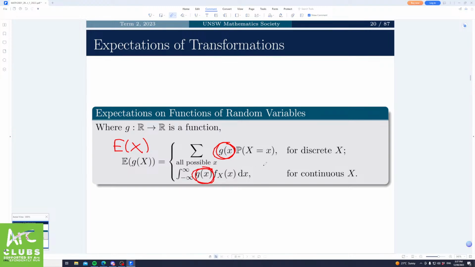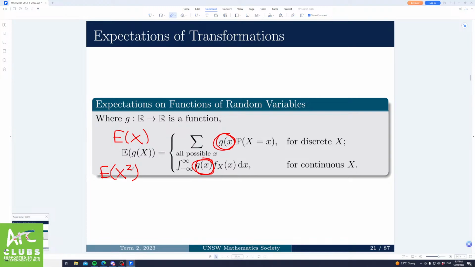And you probably would have used this a lot already when trying to find something like E of x squared for variance calculations. In this case, your g of x is simply x squared. And so you sub in your x squared into both of these, depending on if you're dealing with a discrete or a continuous random variable.